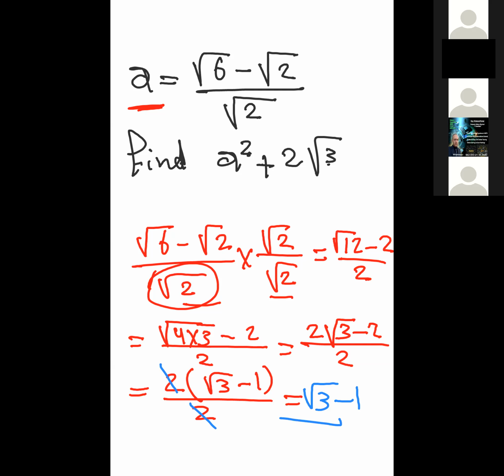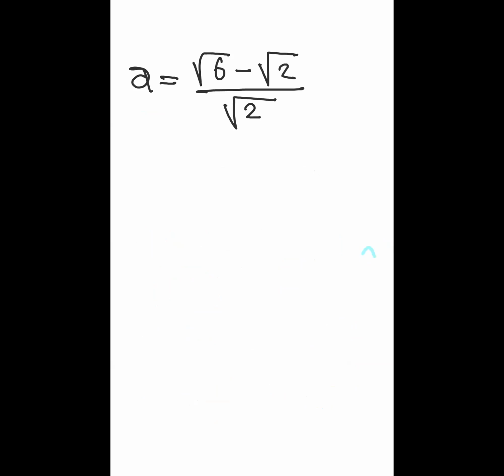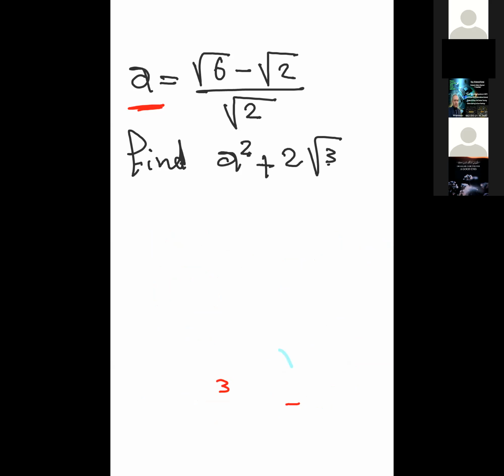Now this one is clear, guys, first? Yeah, clear. Okay, so let me show you one more way to simplify this one also, because this one actually is very easy, and also the two numbers have the same denominator, and also they are two square roots.